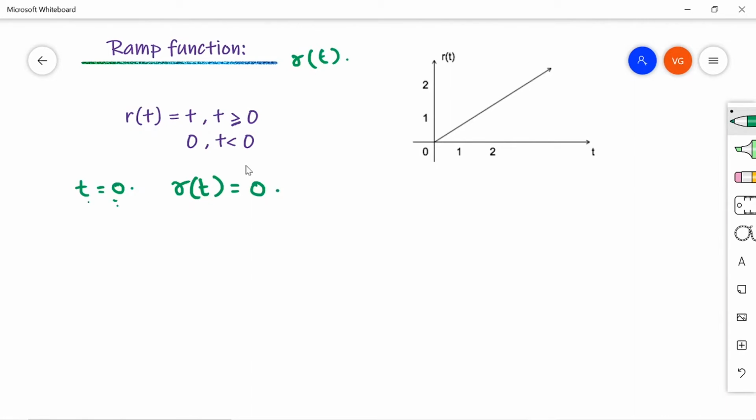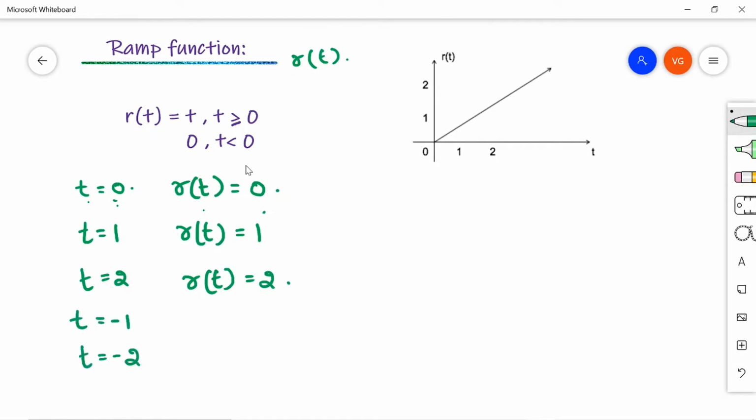So if t is equal to 0, the amplitude of the signal is 0. If t is equal to 1, the amplitude of the ramp signal is 1. If t is equal to 2, the r of t value is 2. If you take negative values, t is equal to minus 1, t is equal to minus 2, the amplitude of r of t is equal to 0, because the signal is defined as 0 for t less than 0.